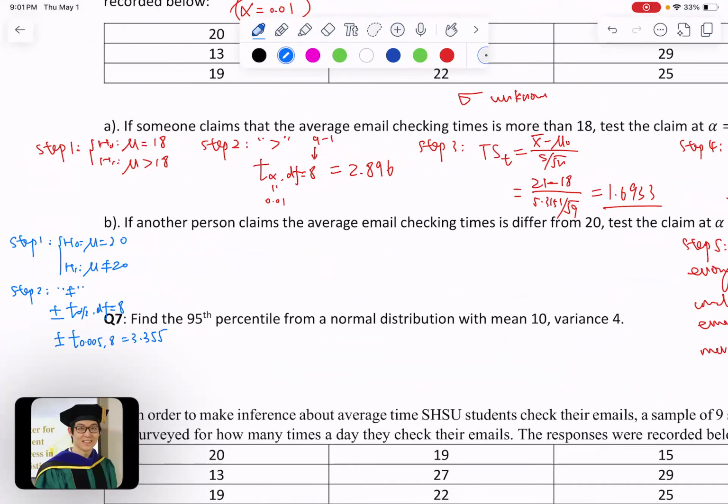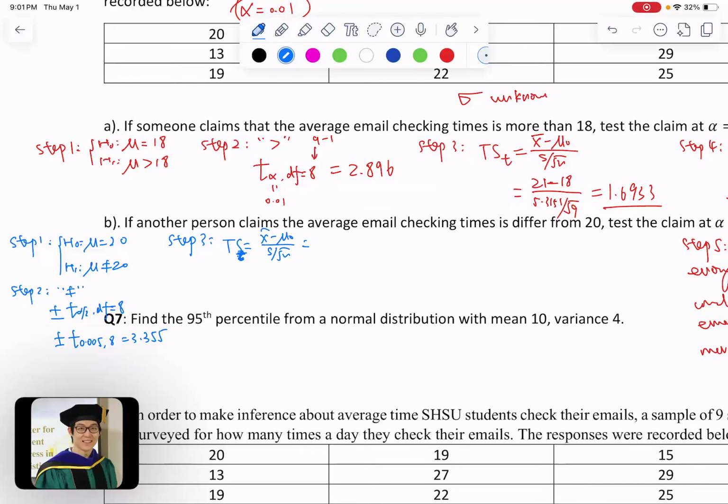All right, so then we do step 3, our test statistic. Nothing changed, right? Oh, the hypothesis value changed, so we have to do that again. Test statistic for t, x bar minus mu naught over s over square root of n.